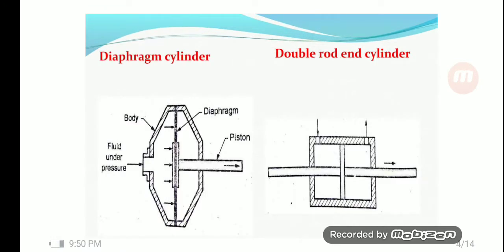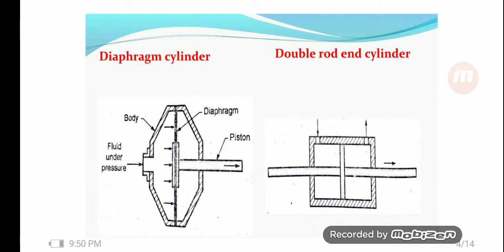Next is the diaphragm cylinder. Diaphragm cylinders are the same as regular actuators. When pressurized fluid is inserted from the input port, the pressurized fluid gives pressure on the diaphragm. Due to the pressure, the diaphragm is pushed in the forward direction.